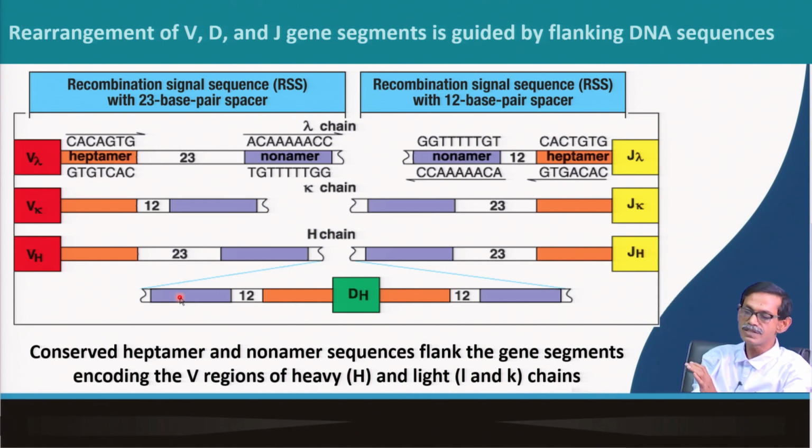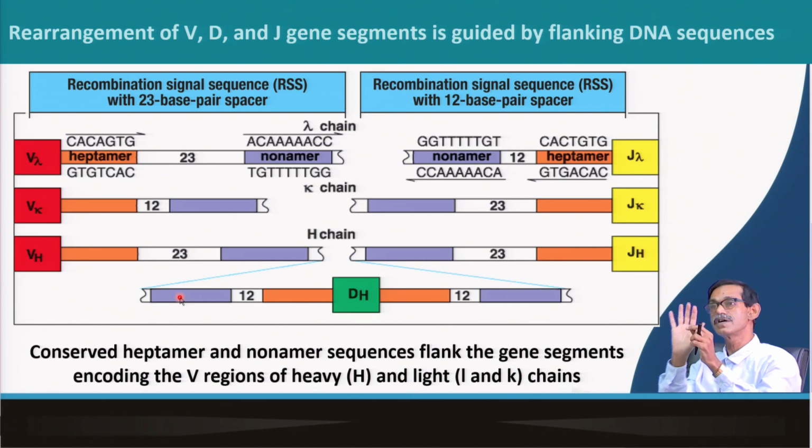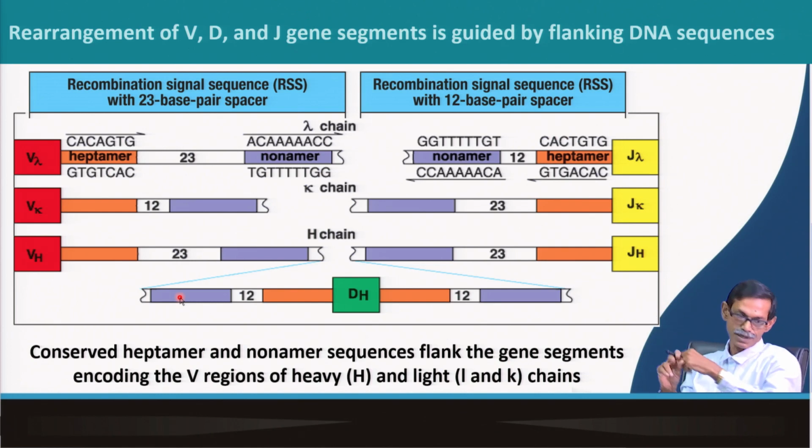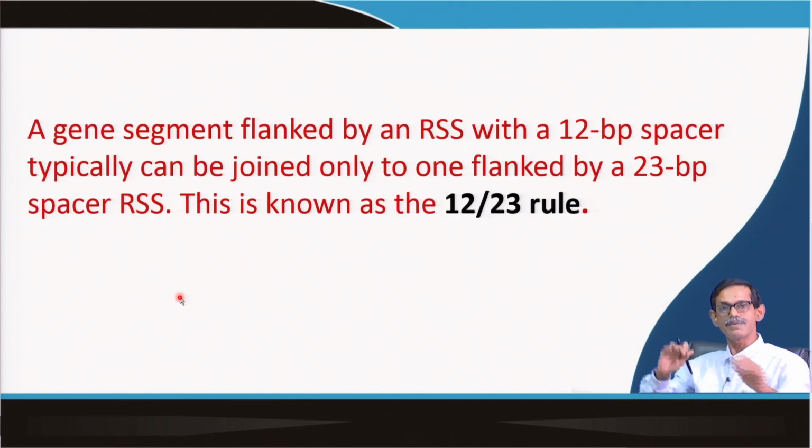So, this 23 and 12 is important, because which phase of the DNA is seen by the protein or other part is very important. Okay. So, it was found that there is a rule called the 12-23 rule. This is very important to know.